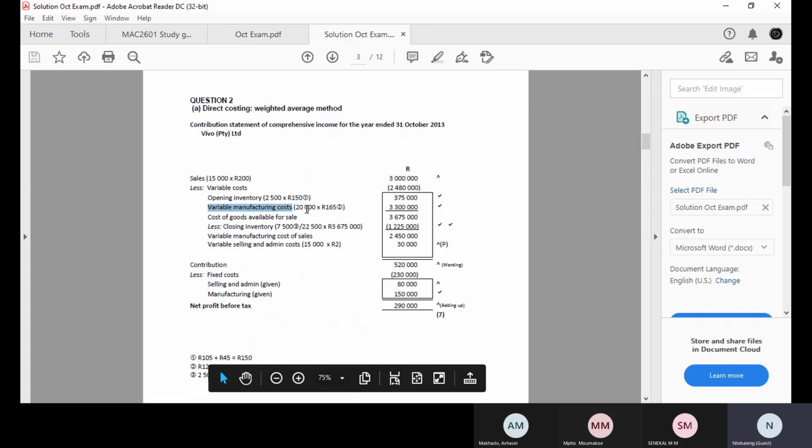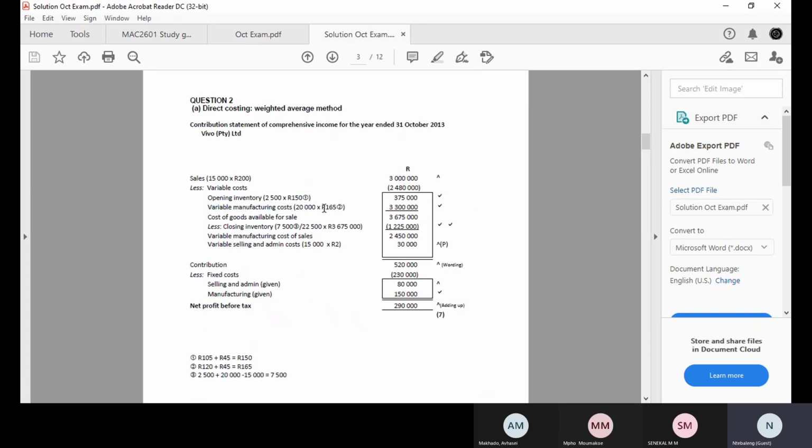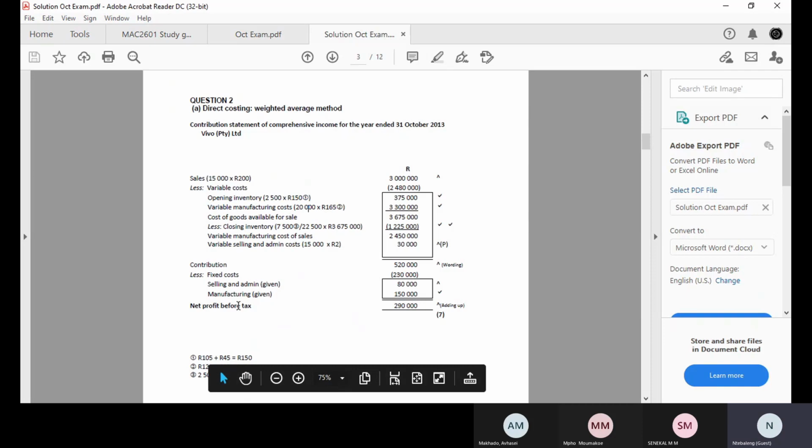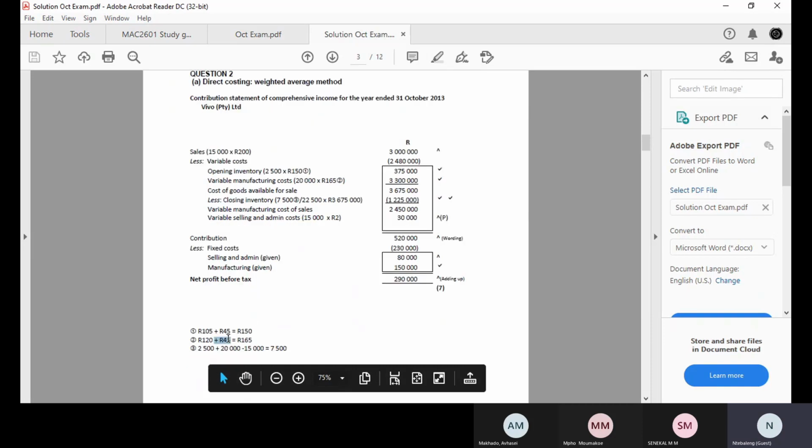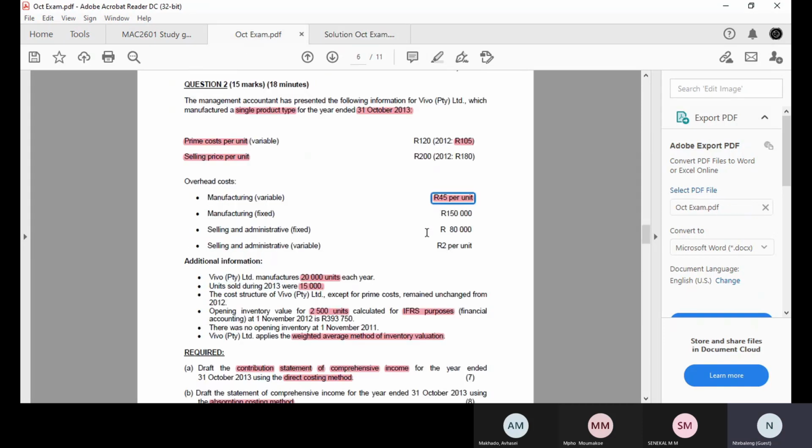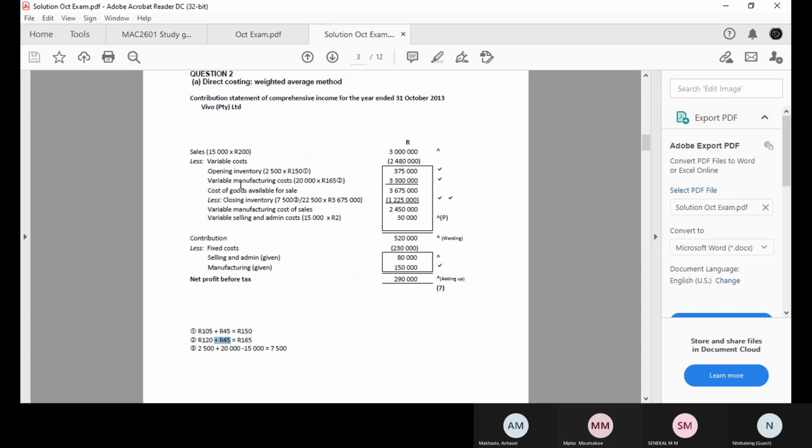Variable manufacturing costs is the 25 multiplied by the 165. So 165 is made up of that 45 plus the 120, which is the current prime cost. Okay? Good. Then you get your cost of goods available for sale.